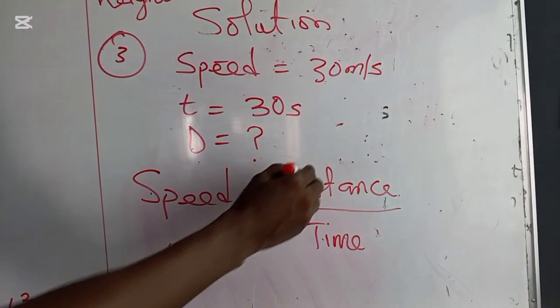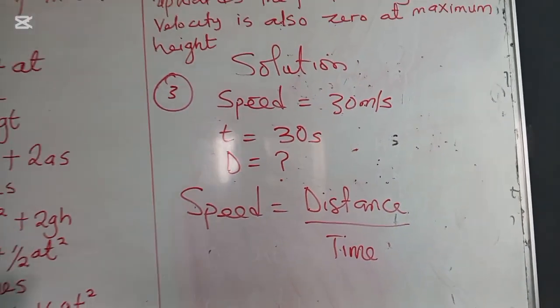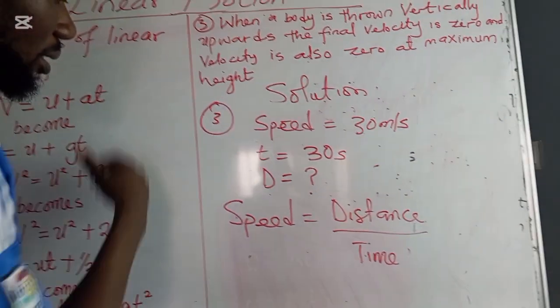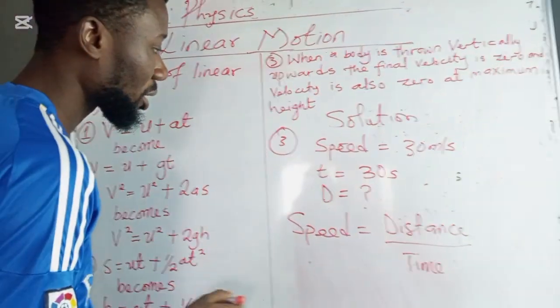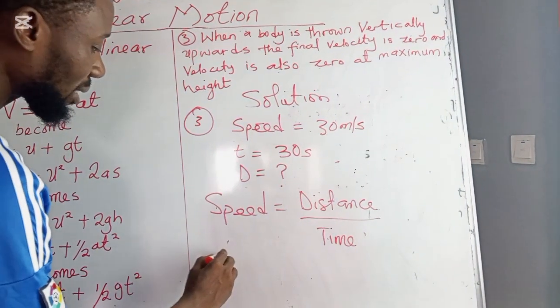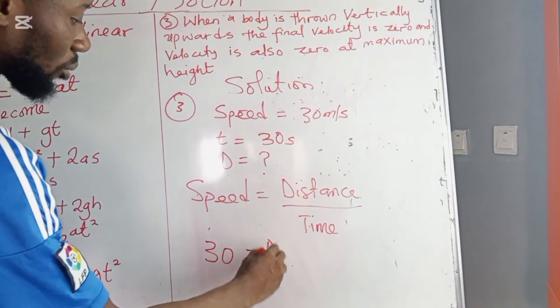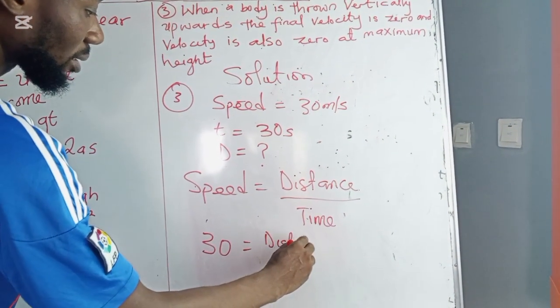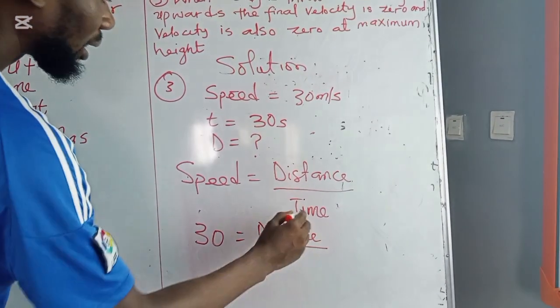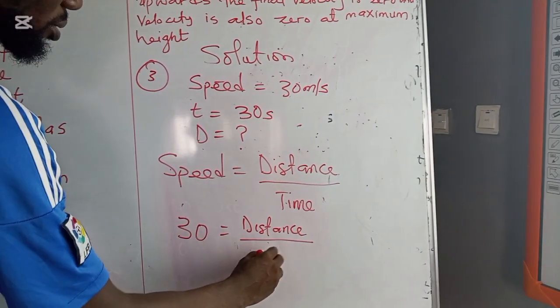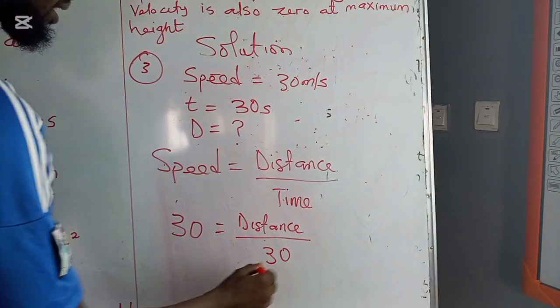I had to bring this just to create a different mindset on this formula, different from the equations. So speed is what? 30. We're going to substitute 30 in place of speed. And then we have distance all over time, and our time is 30 seconds.